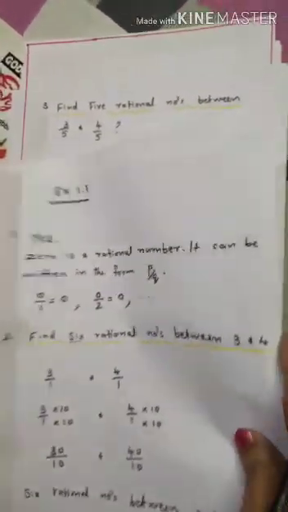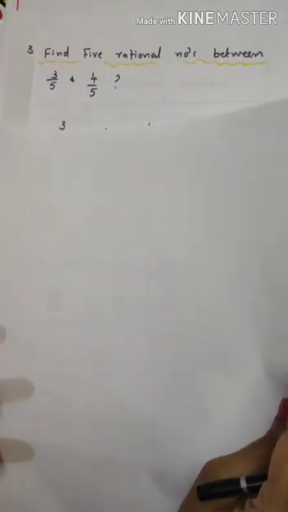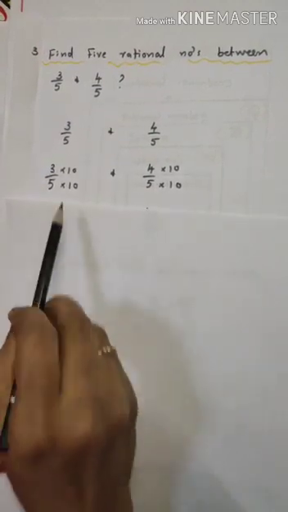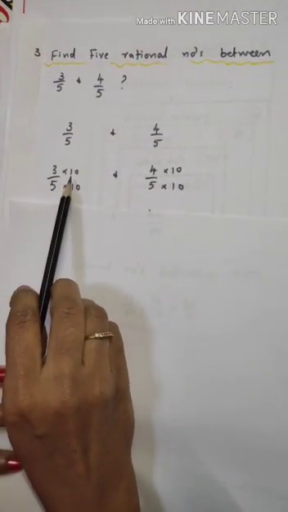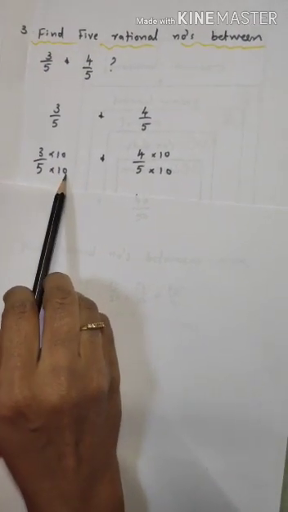Now, moving on to the third question. The question is, find 5 rational numbers between 3 by 5 and 4 by 5. So already we have studied that there are infinitely many rational numbers between any two rational numbers. For that, each fraction is multiplied by the same number on the numerator as well as the denominator.